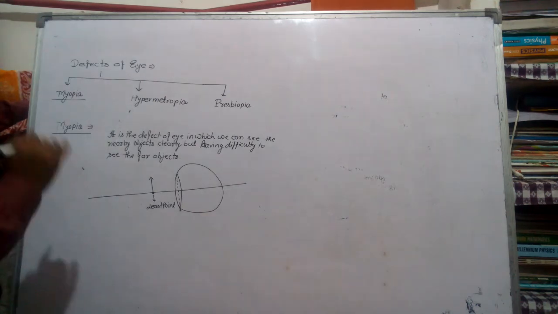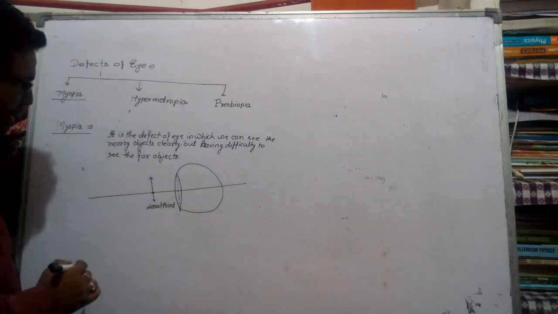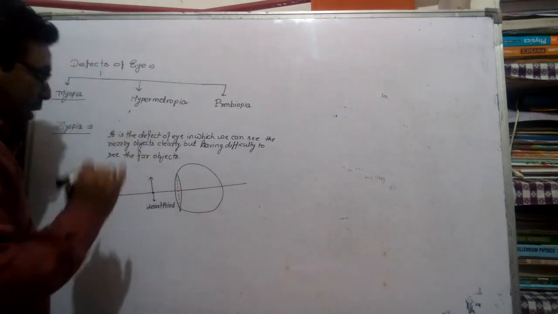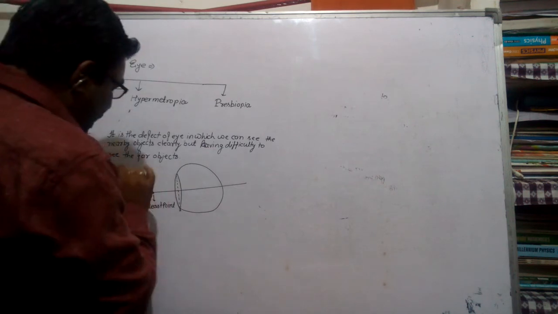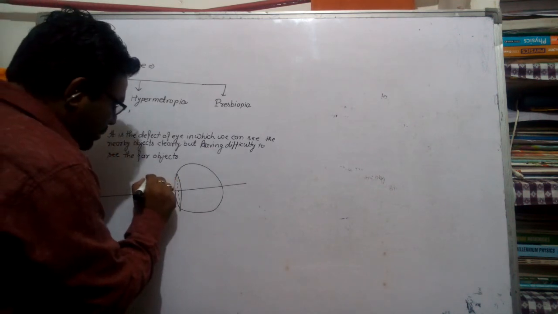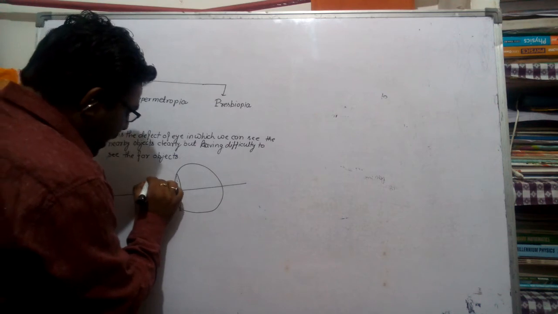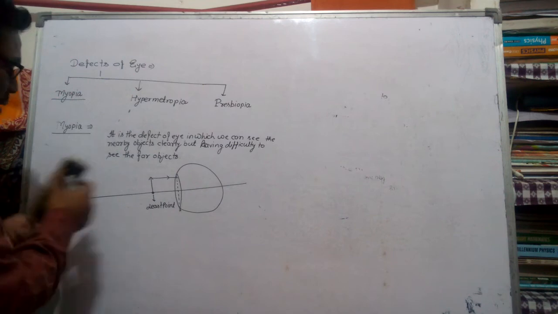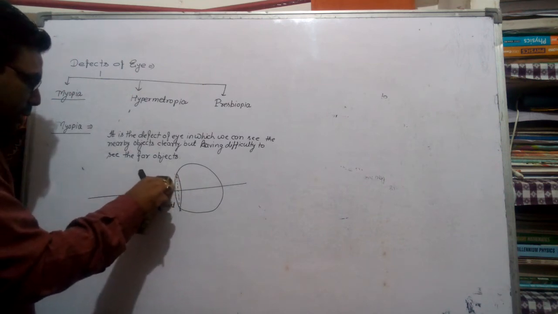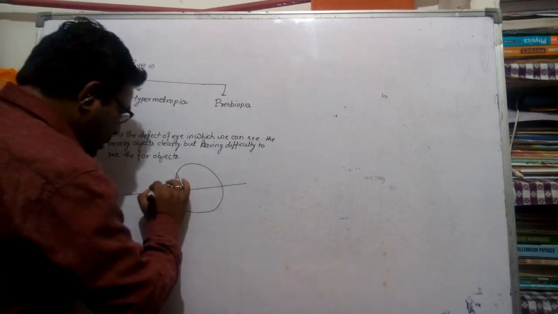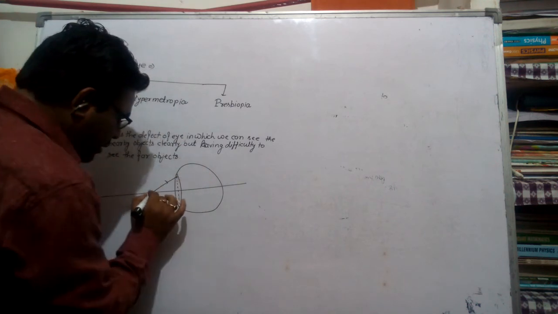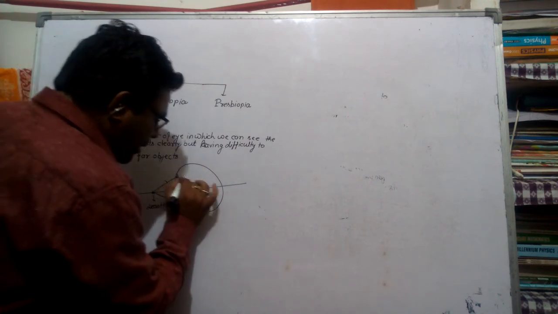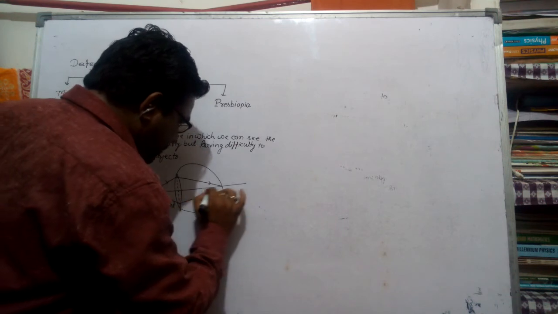This is the least point. When the object is placed at this point, least point, we can see the object clearly, means its image is formed at the retina. Suppose this is the point object. The image is formed at the retina, beta.